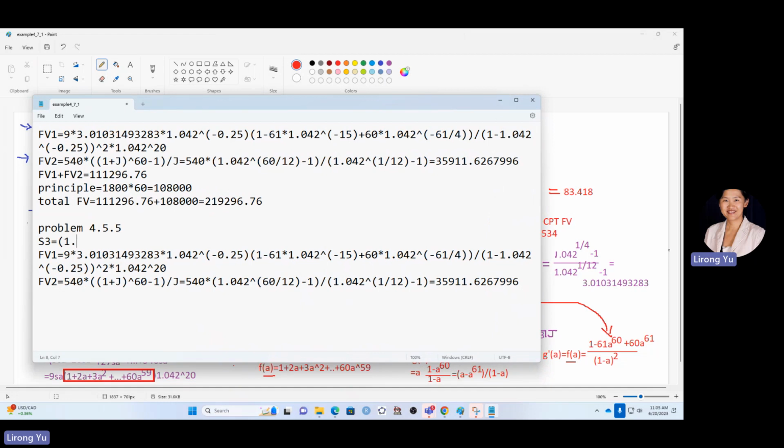Okay, 1.052 raised to the power of 1 over 4 minus 1, and then divided by 1.052 raised to the power of 1 over 12 minus 1.